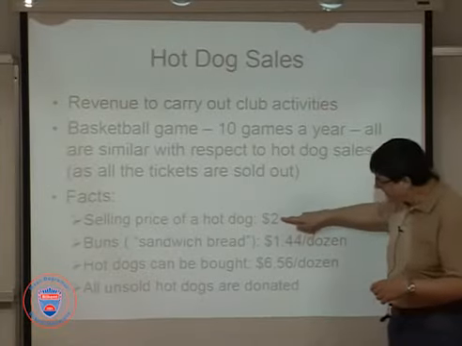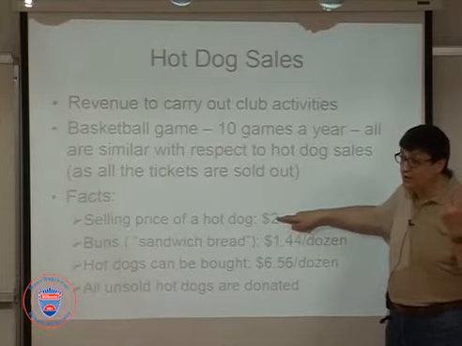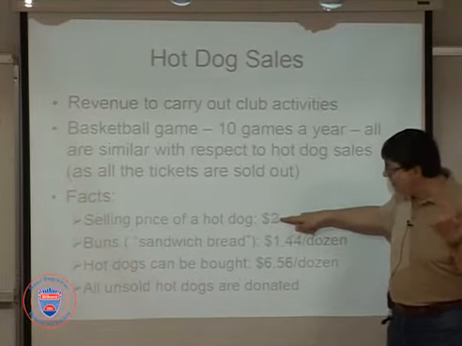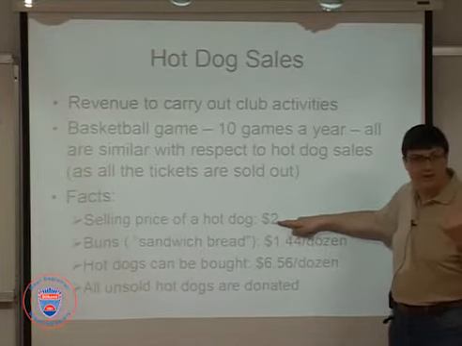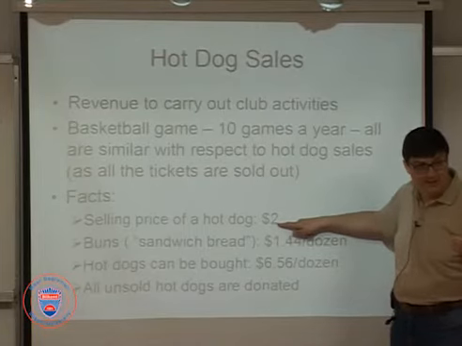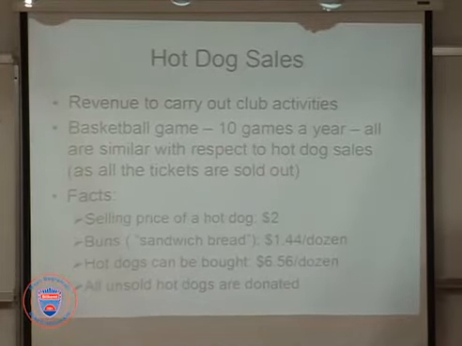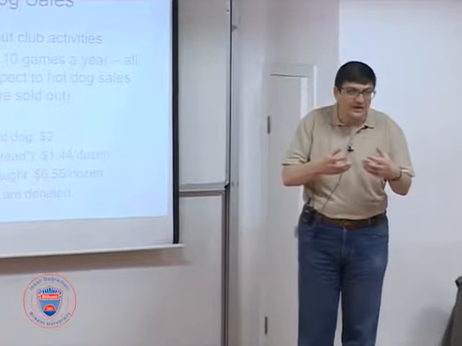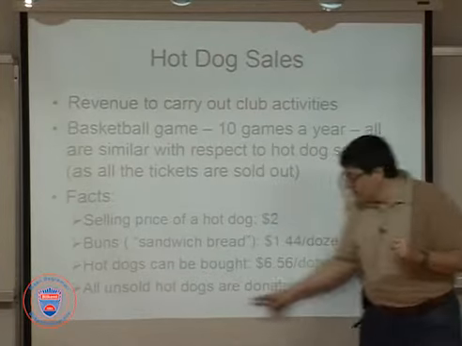Now, of course, you can see that you are selling each hot dog at $2. So if you can sell all the hot dogs, then it means that you will make $24 per dozen. $8 is your cost. The remaining is going to be the contribution that you have from sales. Now, of course, there is one issue.